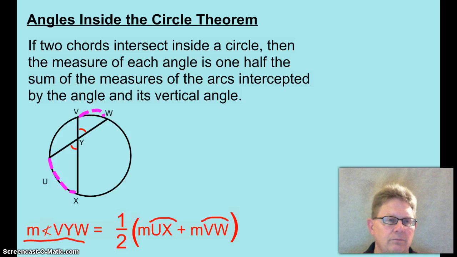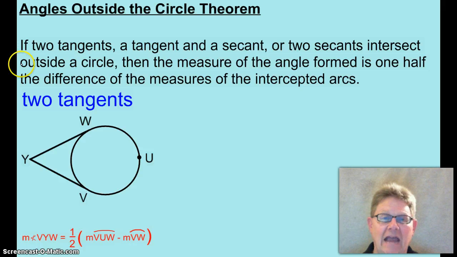Next scenario. Angles outside a circle theorem. If two tangents, a tangent and a secant, or two secants intersect outside a circle, then the measure of the angle formed is 1/2 the difference of the measures of the intercepted arcs. First case scenario, two tangents. These are going to be tangent segments.